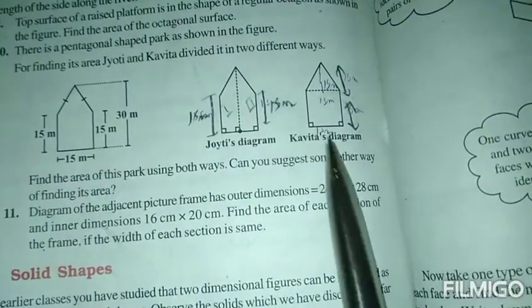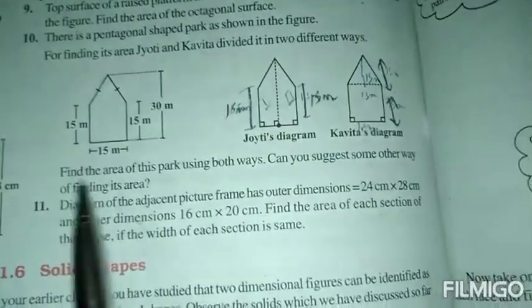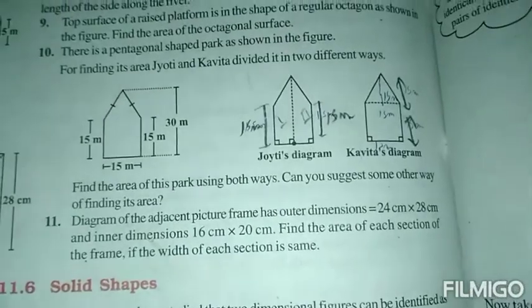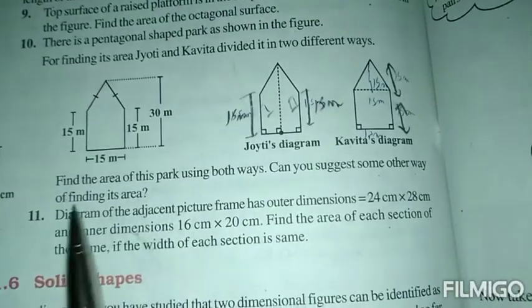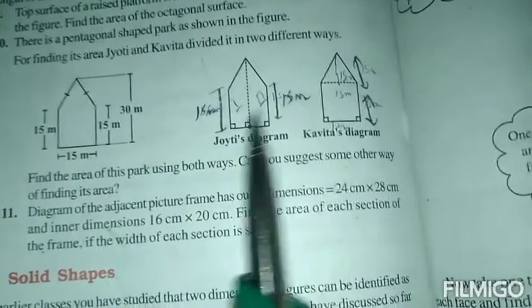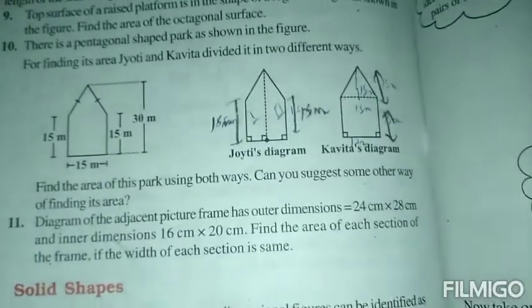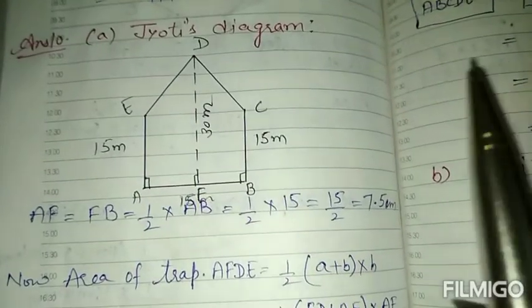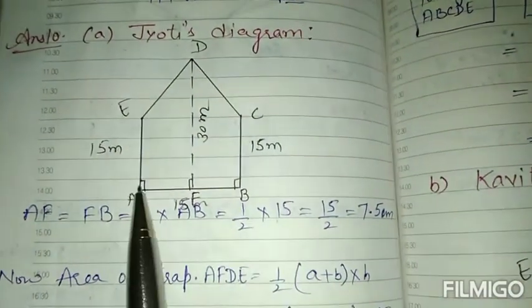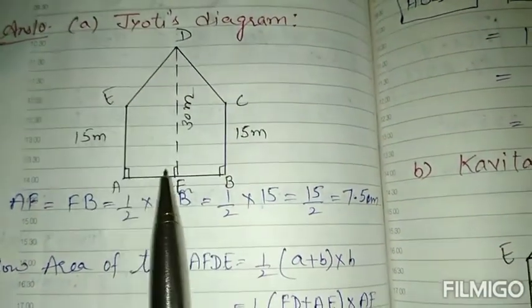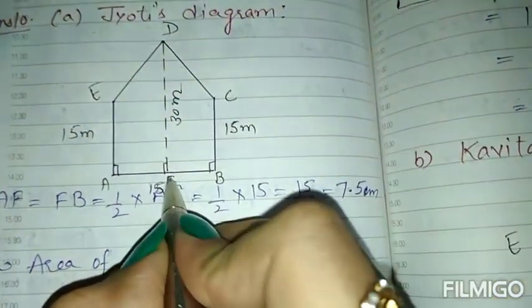Means one triangle and other is square shape. Here two trapezium. Find the area of this park using both ways. Can you suggest some other way of finding its area? We will solve by both the ways. Firstly, according to Jyoti's diagram, we will name the given figure A, B, C, D, E and this point as F.